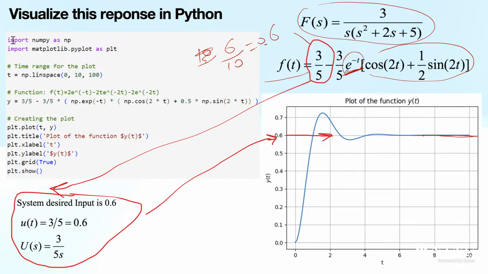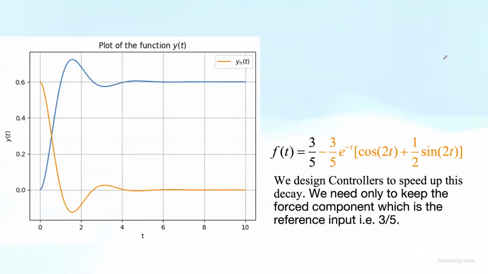So the whole part will decay over time, right? It's exponential, so it will start from 1 and go down like this. But because I have some cosine and sine, it will add some overshoot and undershoot. The overshoots and undershoots come from this term, cosine 2t plus half multiplied by sine 2t. So this is how it will work.